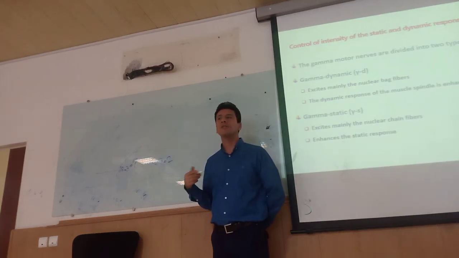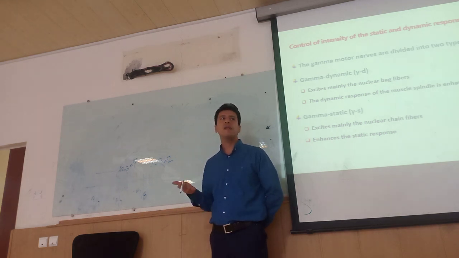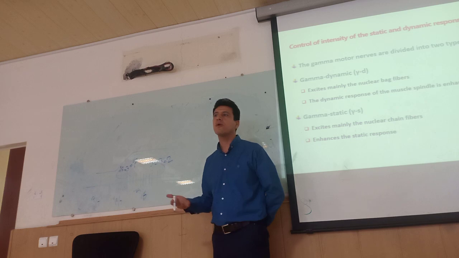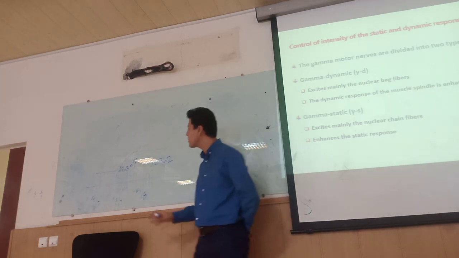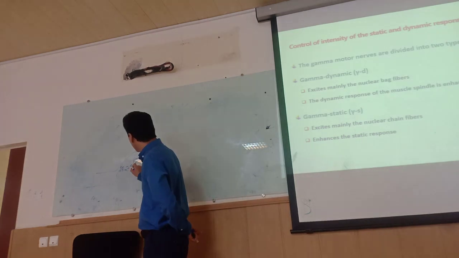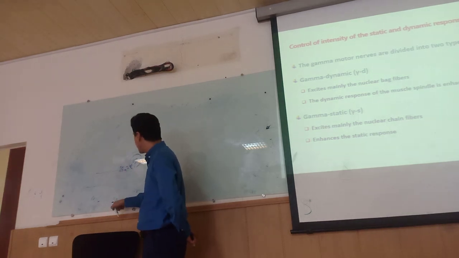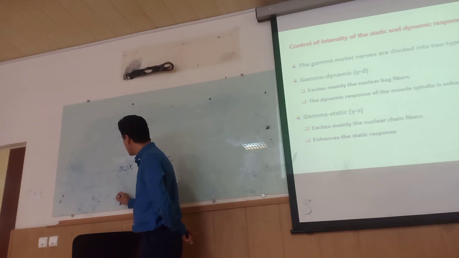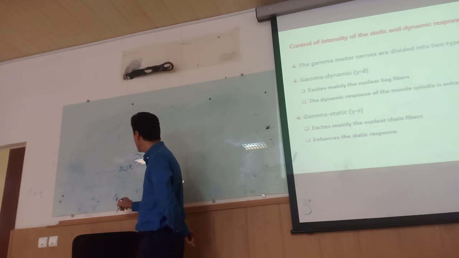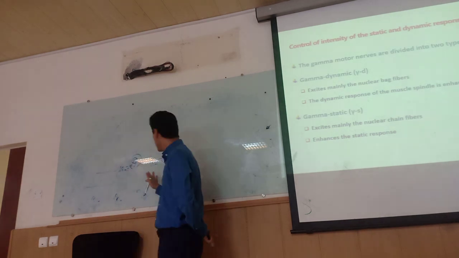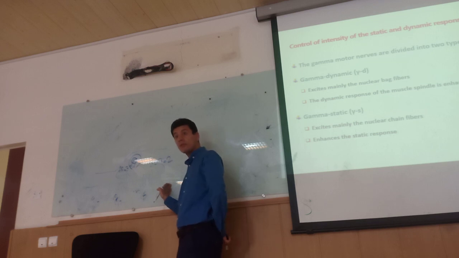Now, I told you that gamma dynamic increases the dynamic response. So, if gamma D is activated, then this response increases. Maybe you have, instead of 10 action potentials, for example, 12 action potentials. So the result will be 9. So there is an increase in the dynamic response without any change in the static response. Right?